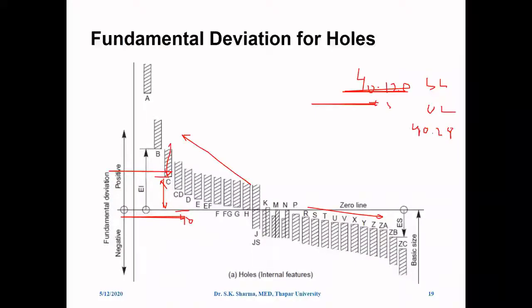So this is my upper limit. So our basic size is 40, the lower limit is 40.12, and the upper limit is 40.28, right? So this is how you understand this.